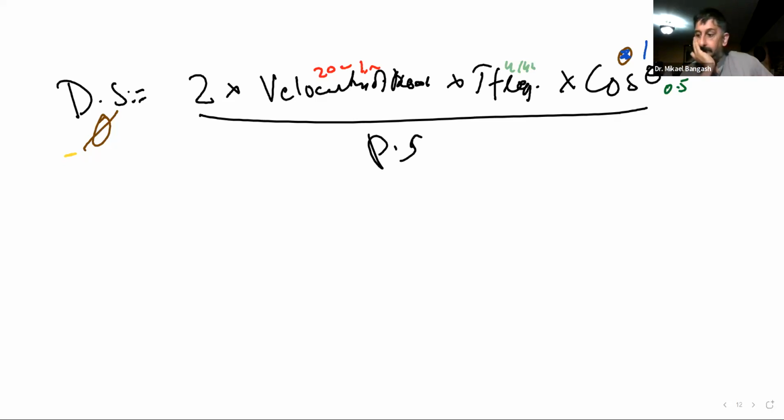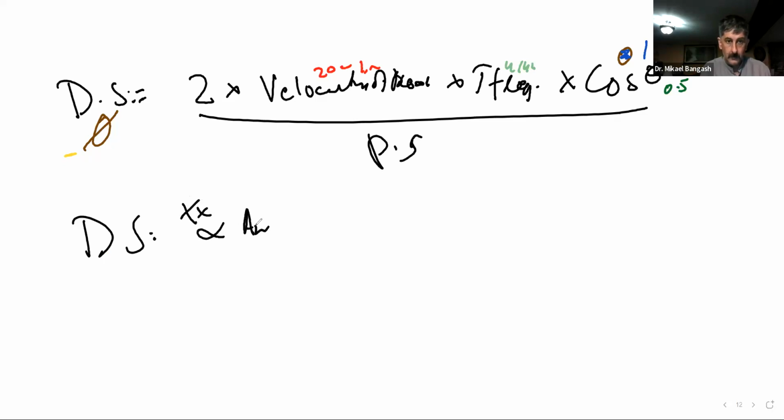Did you girls get that? Yeah. Okay. So we can mainly say Doppler shift is not going to be directly proportional to the angle between the beam and the direction of blood flow.